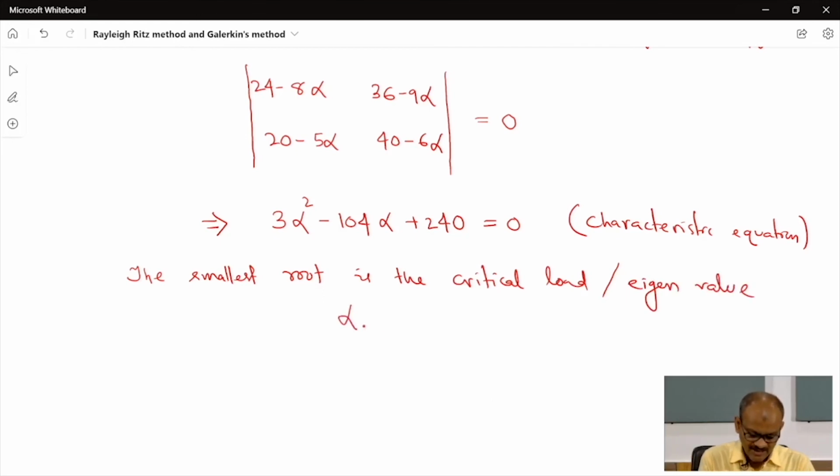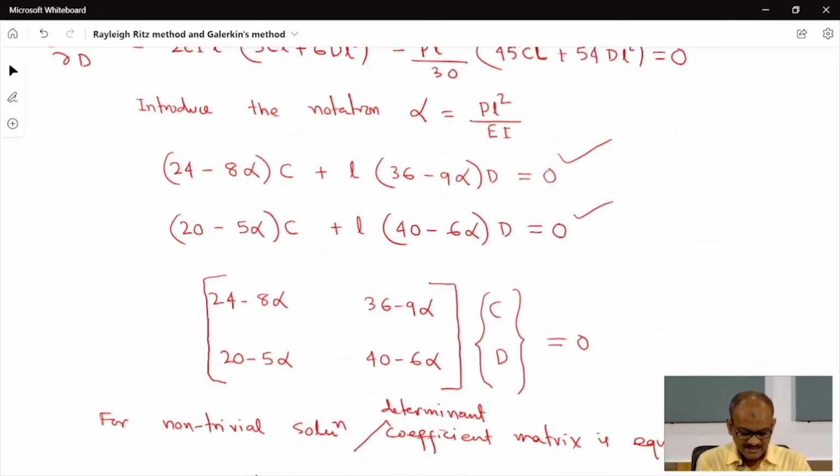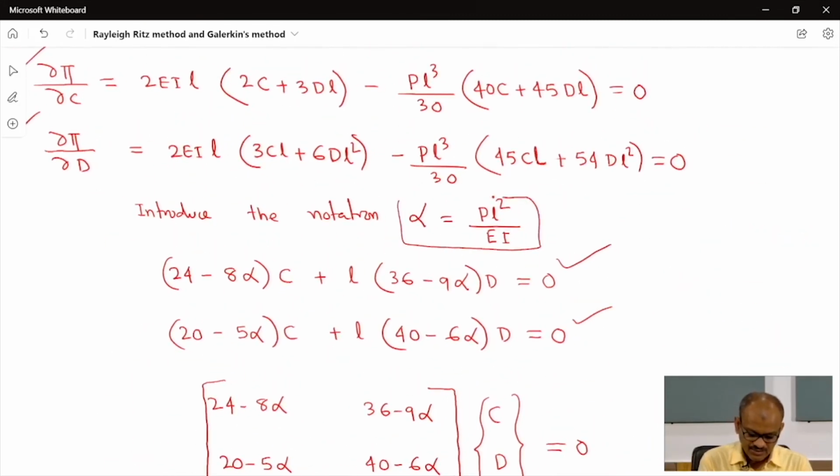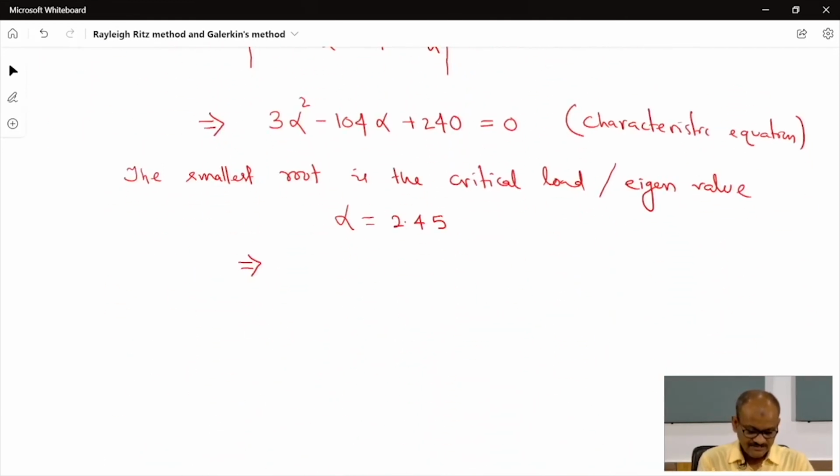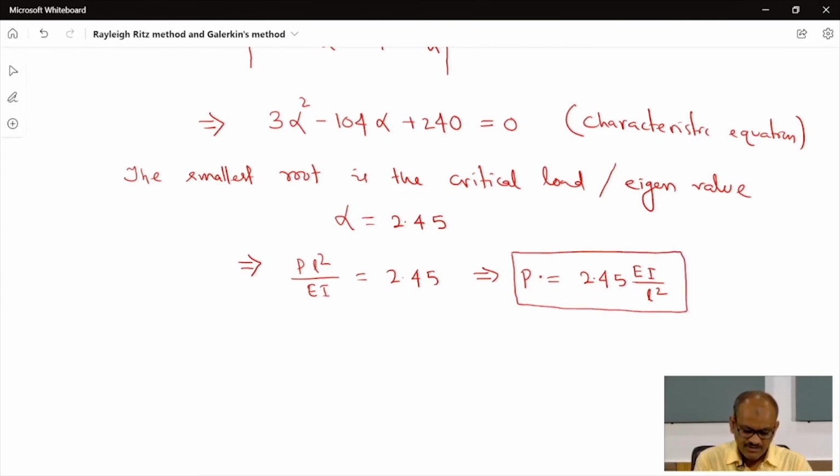This alpha is equal to 2.45, and we had assumed alpha as P L square by EI. So, P L square by EI is equal to 2.45, which implies P is equal to 2.45 EI by L square. So, the system is in equilibrium when this load P is 2.45 EI by L square.